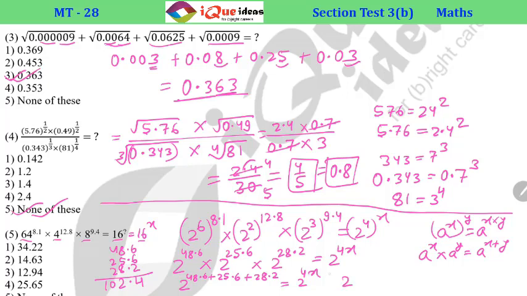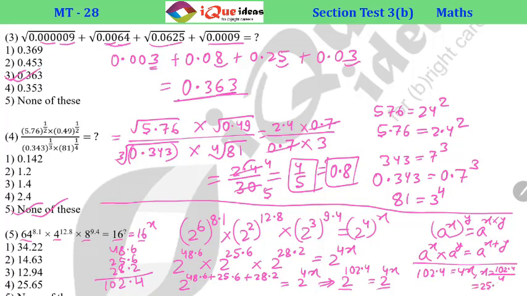So it is 2 raised to the power 102.4 is equal to 2 raised to the power 4x. So bases are same, so we can equate the powers. So we get 102.4 equal to 4x. So this means x is equal to 102.4 divided by 4, which is 25.6.